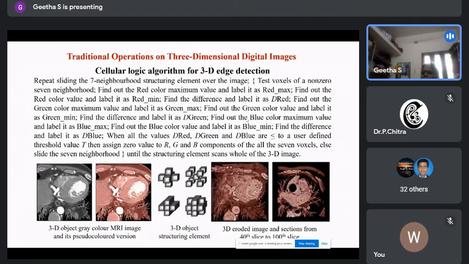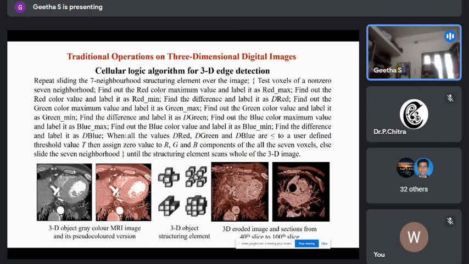Next you have to apply the blue. Find out the blue color maximum value and label it blue max. The blue color minimum is denoted as blue min. The difference between the two values is D blue.